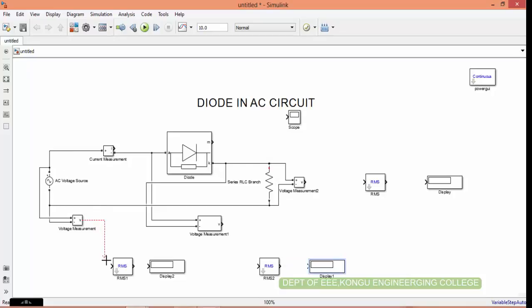Now let us connect the output of each voltage measurement to an RMS block, then the RMS output to a display, for all three.